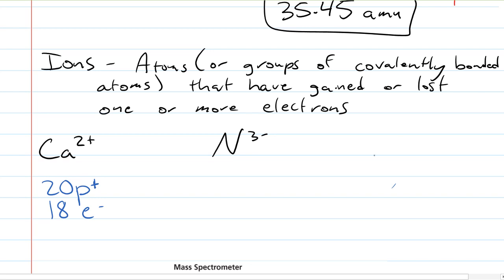We have the nitride ion and we have the sodium ion. Remember, I'm not writing these incorrectly. We write the charge after the sign. So in each one of these, determine the number of protons and the number of electrons.